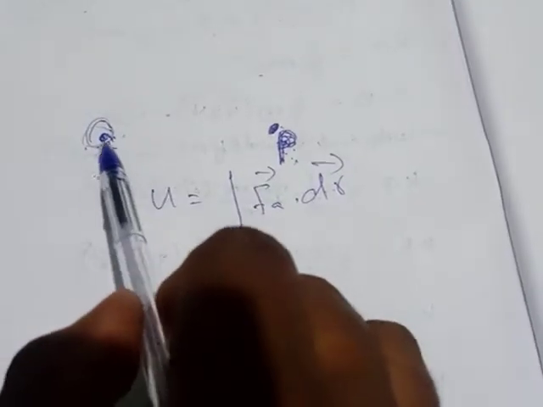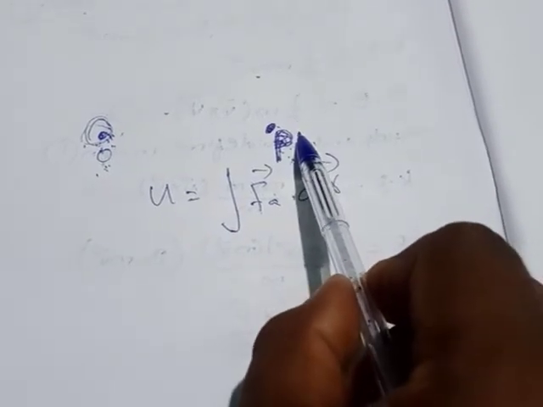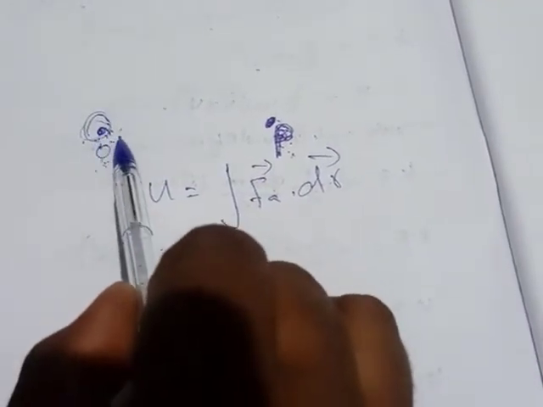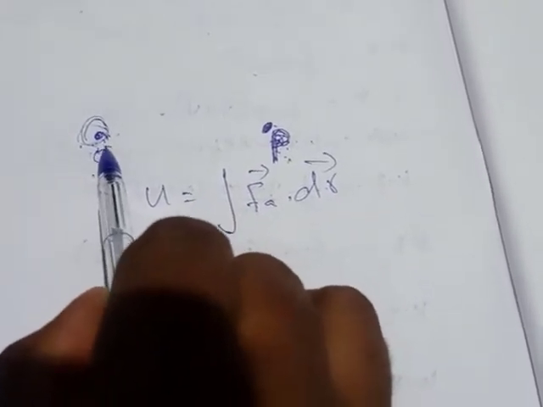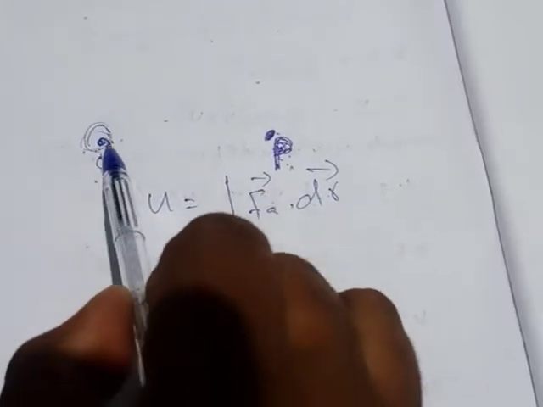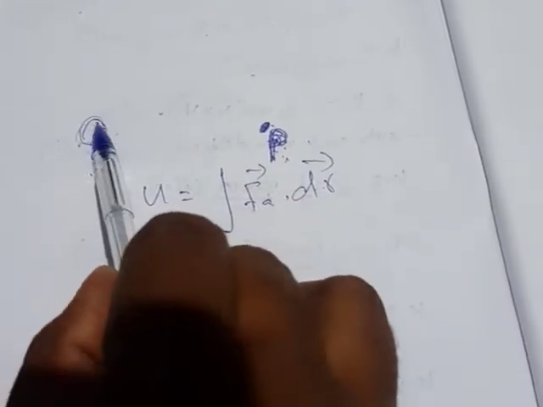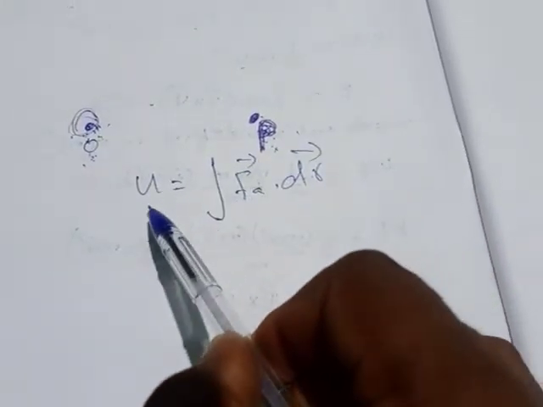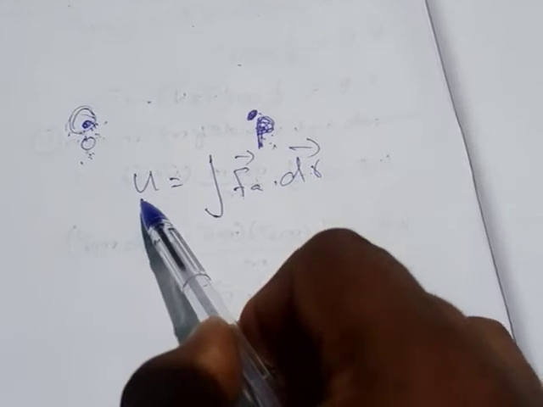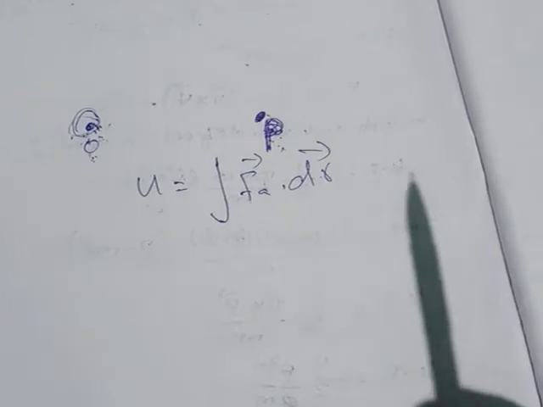So the potential energy of an object at this point P we can define as the amount of work done by an external force in moving the object at constant velocity from the point O to this final point P. At the initial position the potential energy is 0. So mathematically we can write the potential energy expression as U is equal to the integral of Fa dot dr. This is the definition of potential energy.